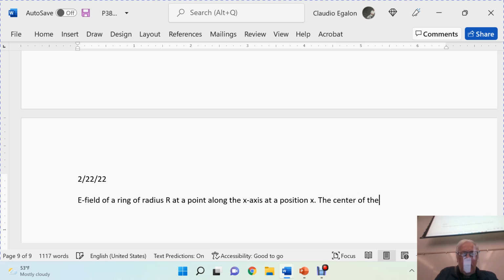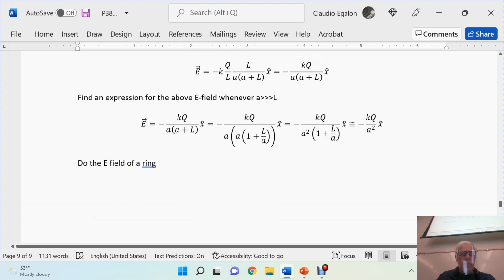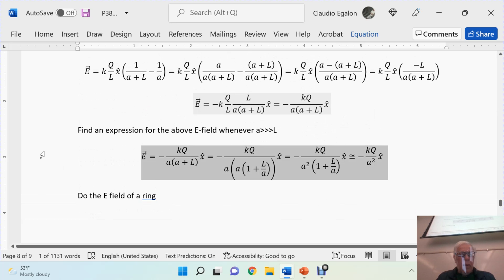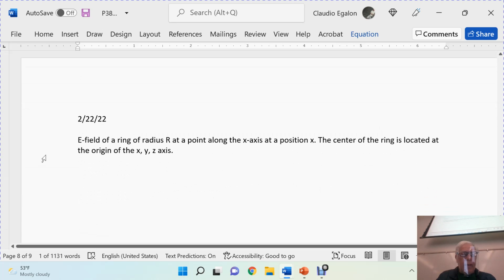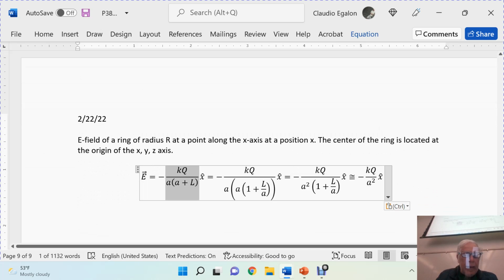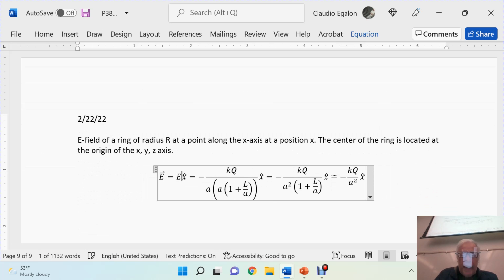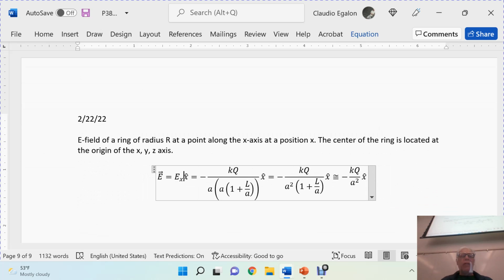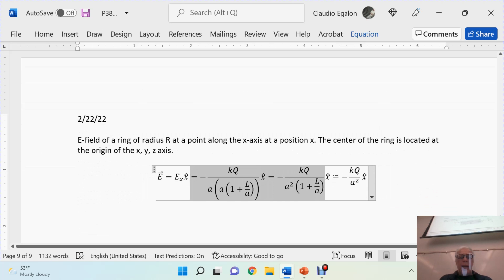The center of the ring is located at the origin of the XYZ axes. So here you go. The infinitesimal electric field contribution of each. Let's see. We do know that the net electric field is going to be given just by the x component of the electric field, just by looking at that drawing.